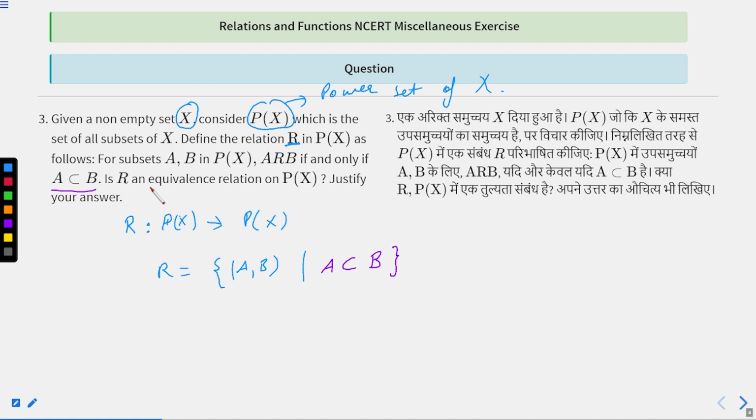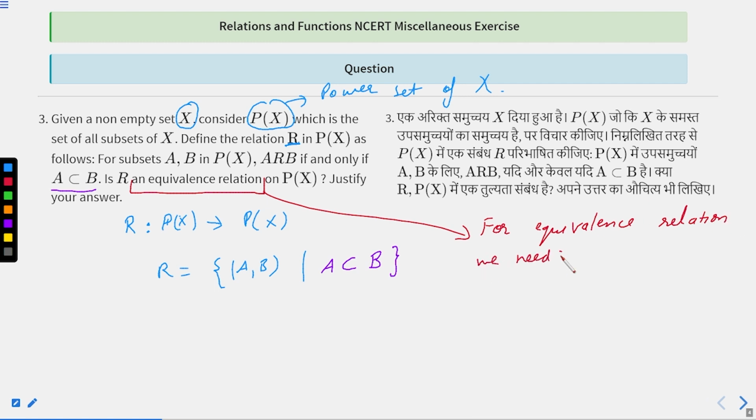So in order to be an equivalence relation, what do we need? We need, for equivalence relation, we need what? We need first that my relation is reflexive.